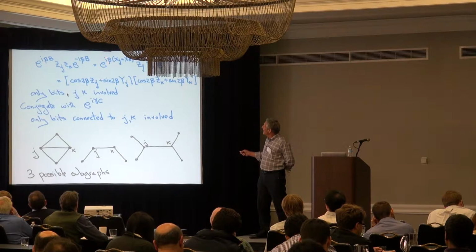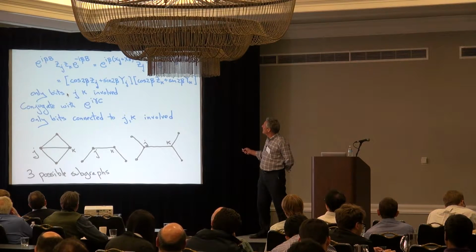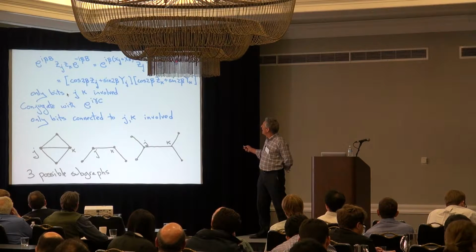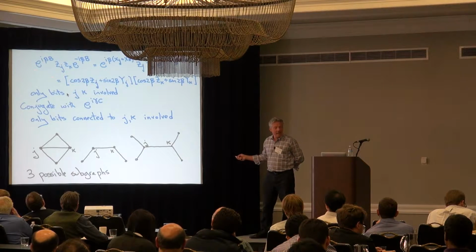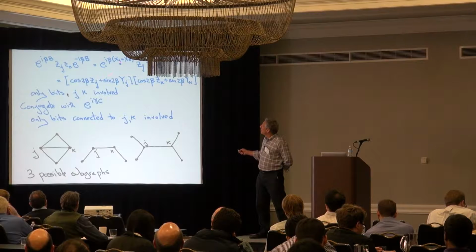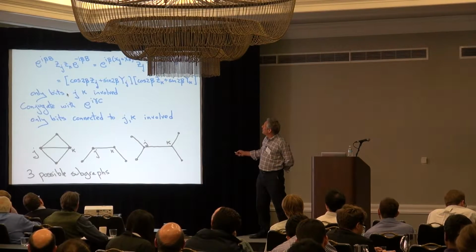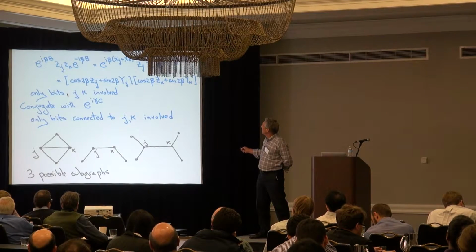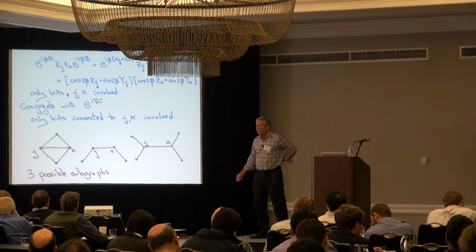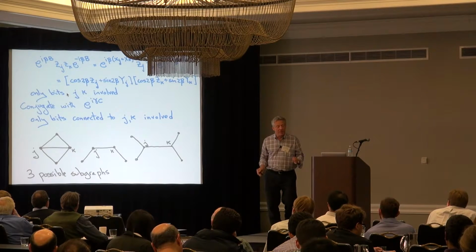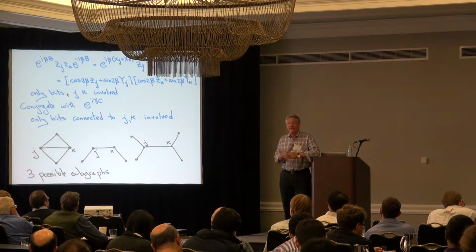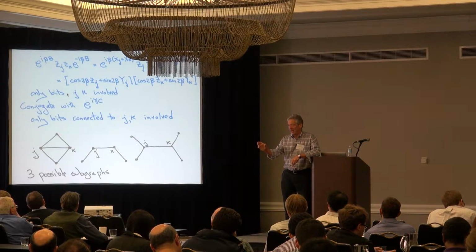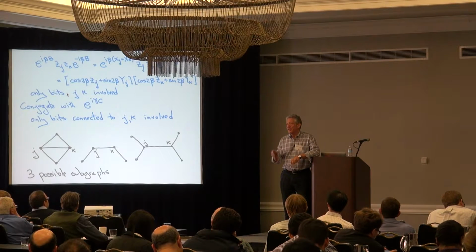So this is just e to the i beta (X_j plus X_k), Z_j Z_k, e to the minus i beta (X_j plus X_k), because the others commute through. This then just rotates these two, and you get (cosine 2 beta Z_j plus sine 2 beta Y_j)(cosine 2 beta Z_k plus sine 2 beta Y_k). Note that that first conjugation of the central operator did not change the locality. It's still just bits j and k.